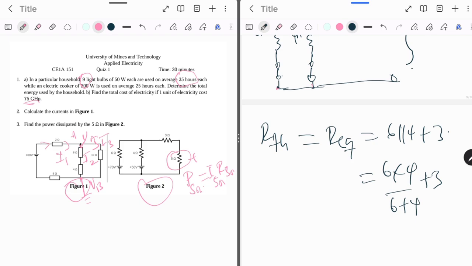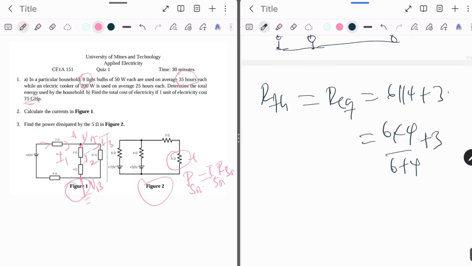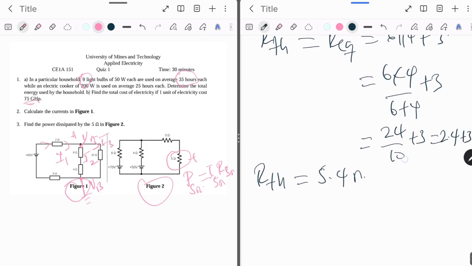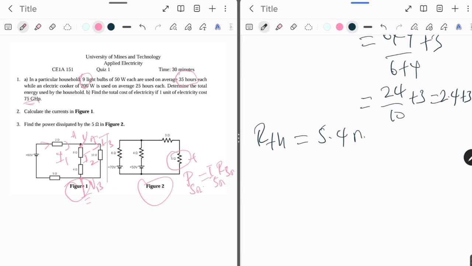So 6 times 4 is 24 over 6 plus 4, which is 10. So I get 24 over 10 plus 3, which is 2.4 plus 3. So RTH is going to be equal to 5.4 ohms, right? I have 5.4 ohms here.